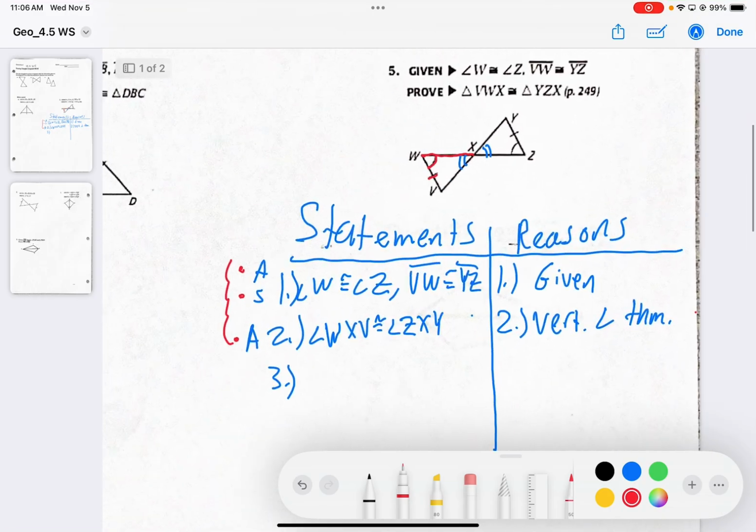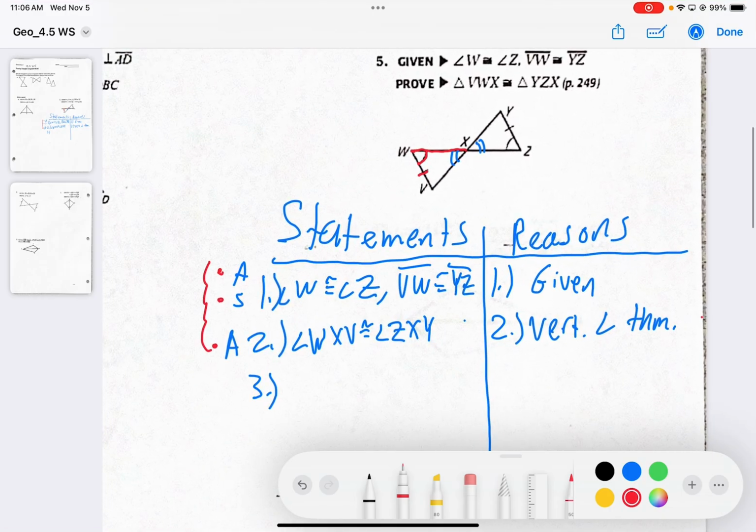So then I would just say the proof statement. So triangle, I just copy it down exactly like they give it to me: VWX is congruent to triangle YZX. And then the reason for that is, you guys told me, angle, angle, side theorem. Does that make a little more sense? Yeah. We'll keep doing more.